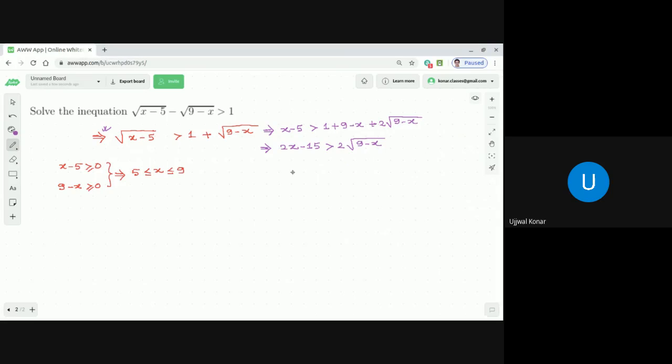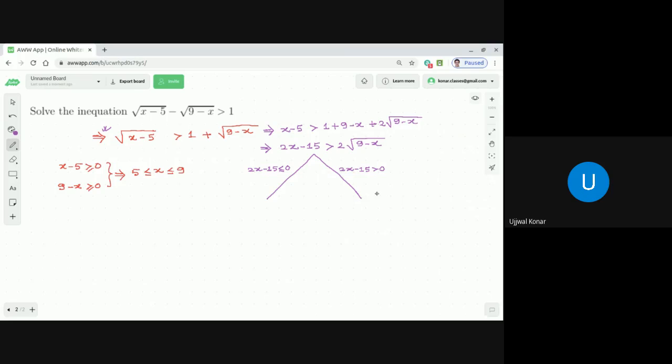One is that 2x minus 15 is less than or equal to 0. And the other is that 2x minus 15 is greater than 0. These are the two branches we are getting out.